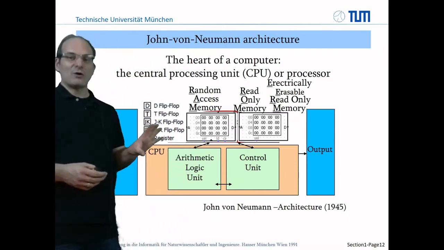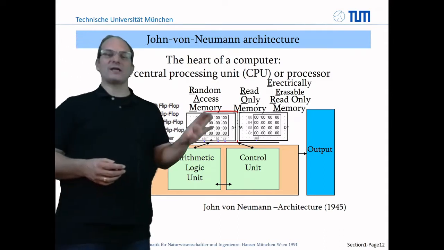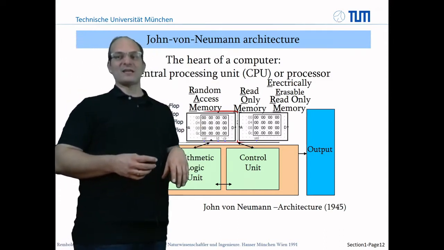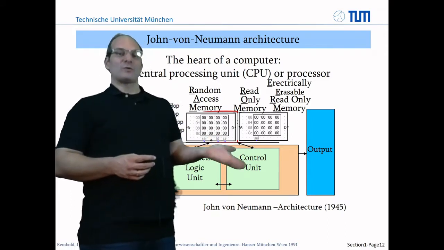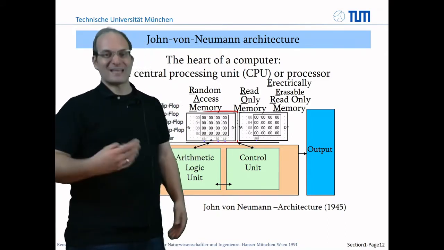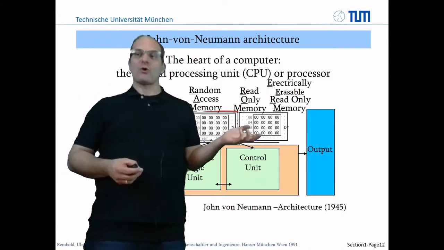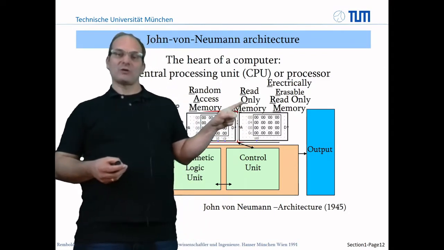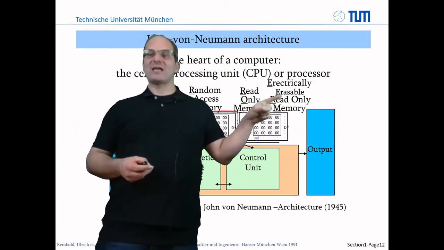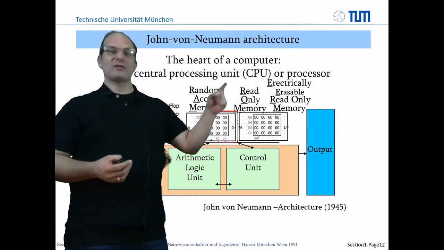So the lowest level part is this flip-flop, and then you can combine it into matrices or things like that, so that you have a random access memory, which can be reset. You can also have a read-only memory, or something similar to a read-only memory, which can be erased electrically, so that you define a special bit and then you erase it.